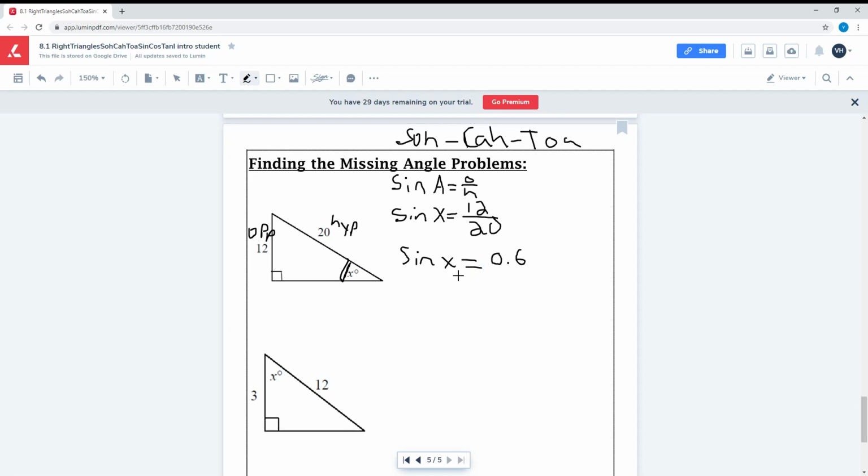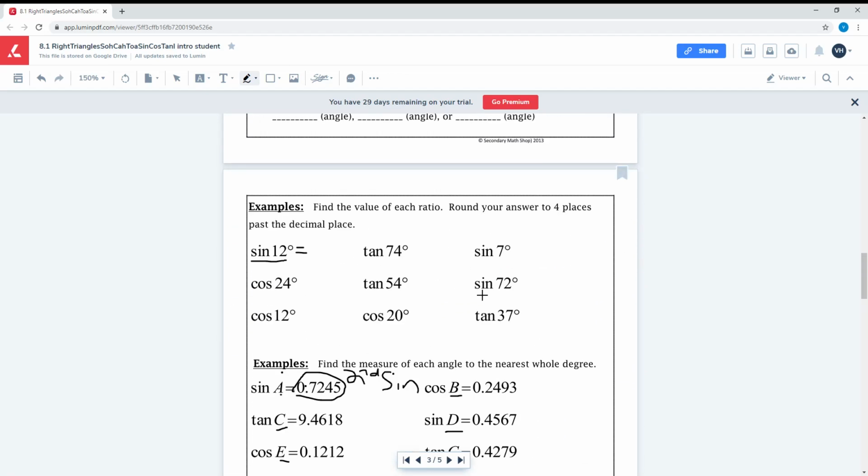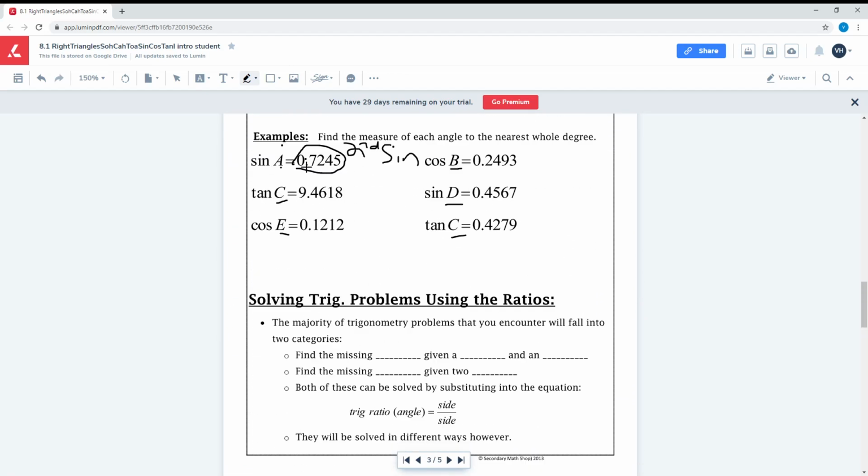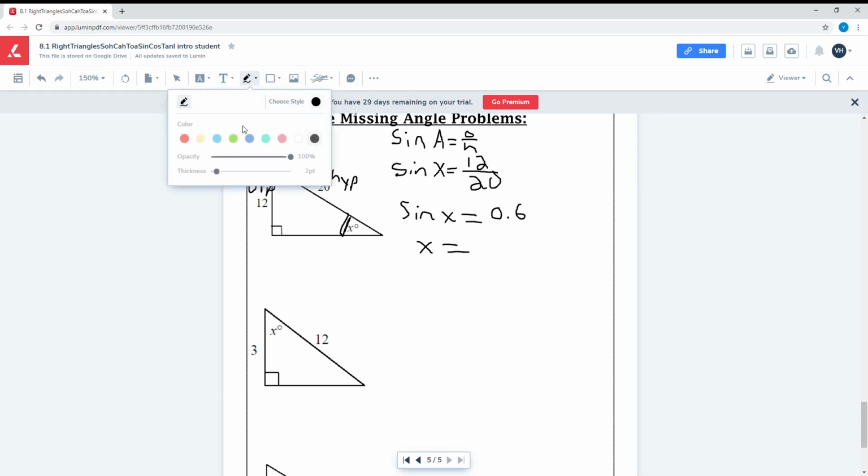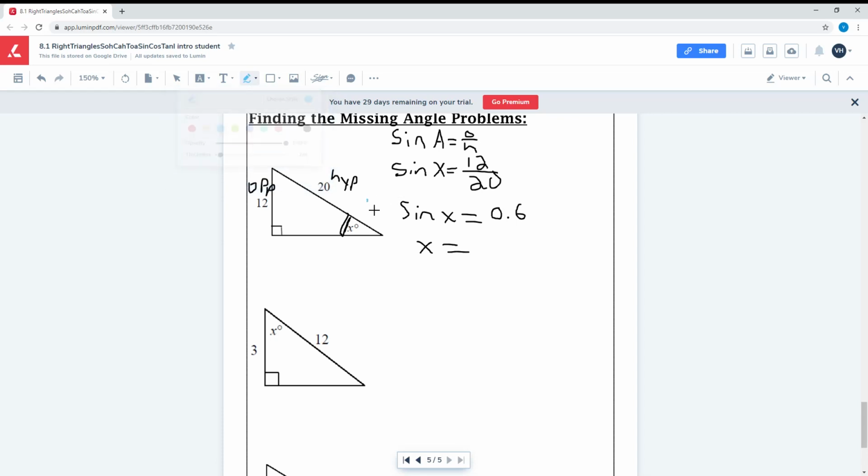Now if you notice, this problem literally goes back to these problems we did right here. And all you have to do is take that decimal and second sine. So that's what we're going to do here. So x equals, so we need to get rid of this sine. The only way to do it is to take the sine inverse. They will cancel out. What you do to one side, you got to do the other.